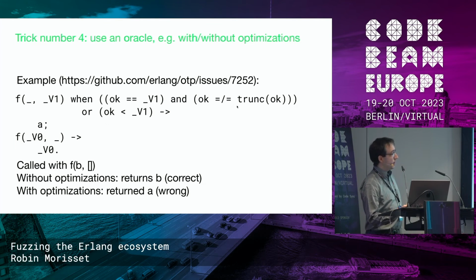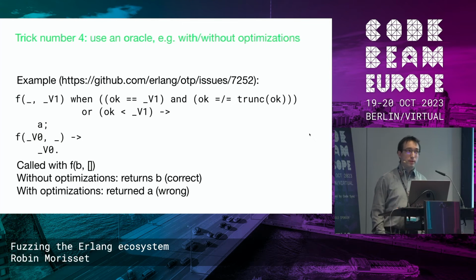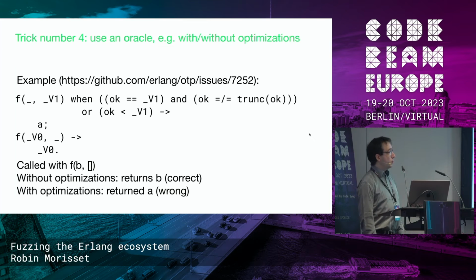So this will normally throw an exception, and so the whole guard will fail. And the Erlang compiler used to say, oh, this guard is dead code. It's always true, so I can remove it. And so it was returning A when it should return B. And this was found by comparing the output with and without optimizations.